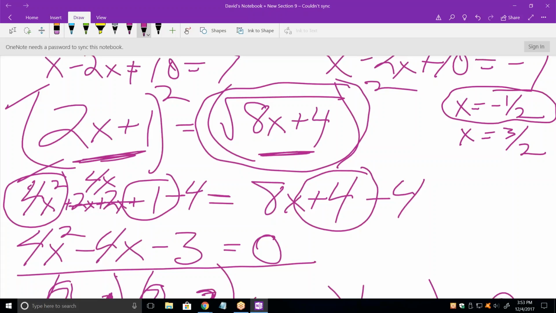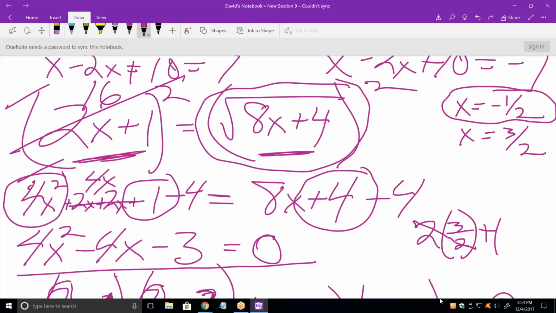What is 2 times 3/2 plus 1? 3. No, you cross those out. Now you got 3 plus 1. 4. So 4 squared. So this thing is 16.